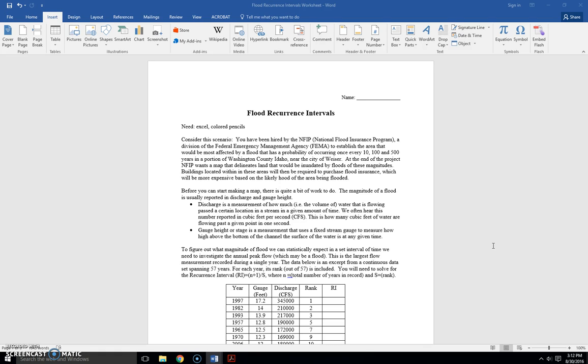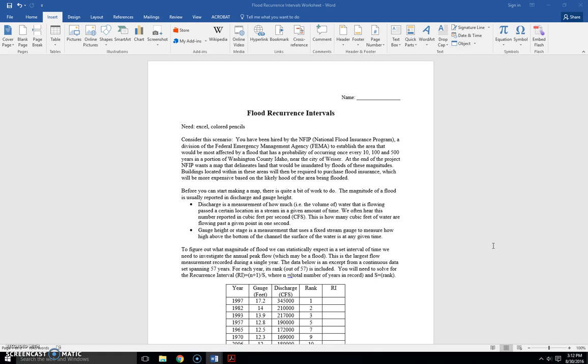So, is the stream 3 feet high? That would be the stage. Perhaps in this particular area, at some times it is 4 feet high, and that would be another stage measurement or gauge height.